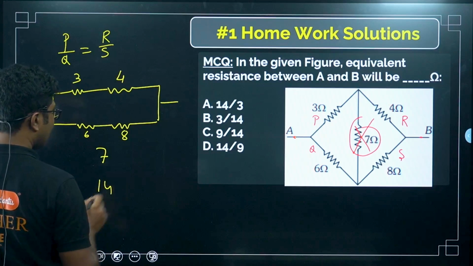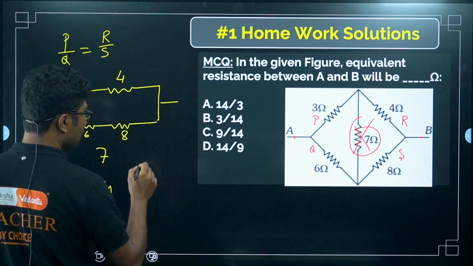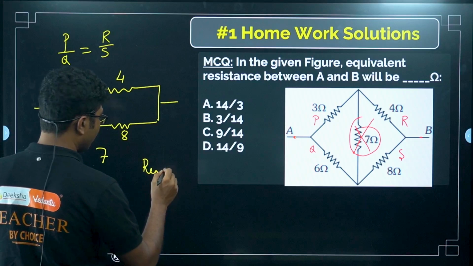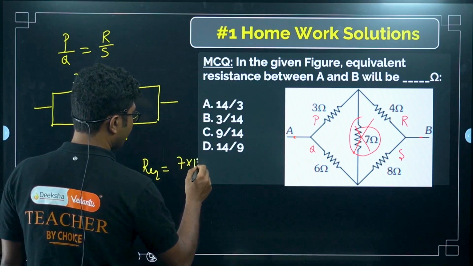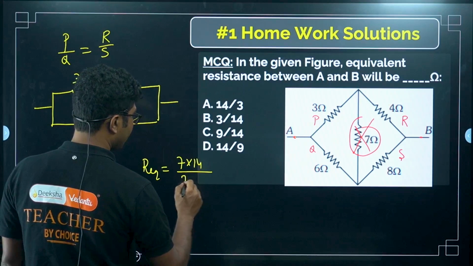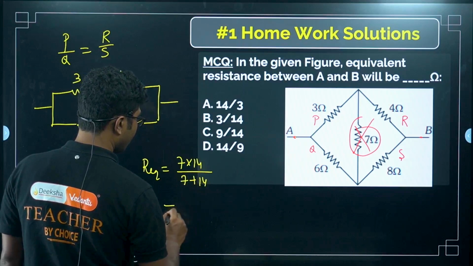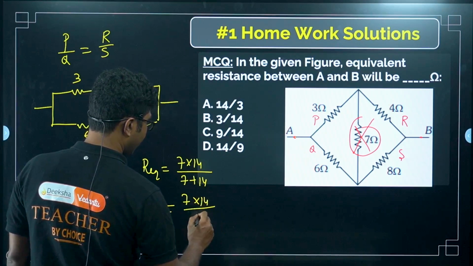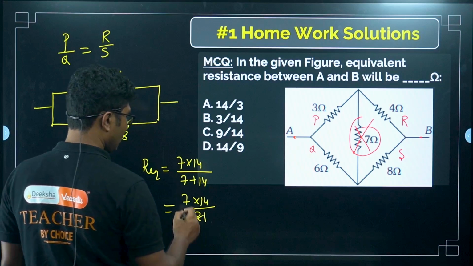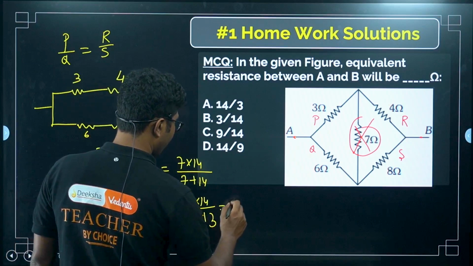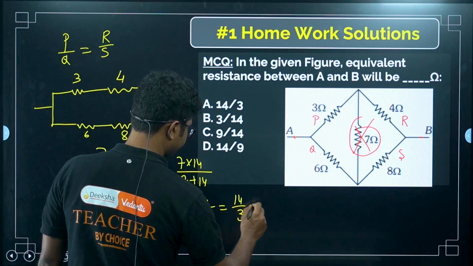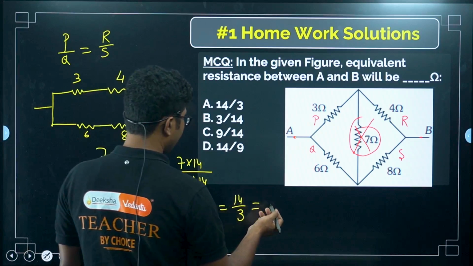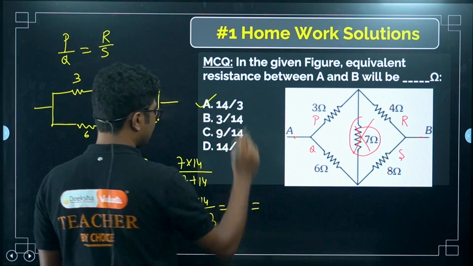So 7 and 14 are in parallel. The equivalent resistance will be 7 times 14 divided by 7 plus 14. That is 7 times 14 divided by 21, which is 14 divided by 3. So it will be 14 by 3. That is the answer itself.